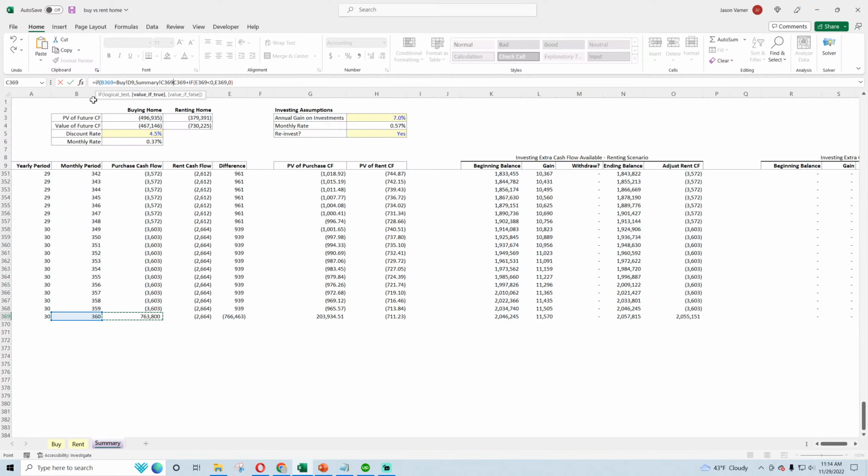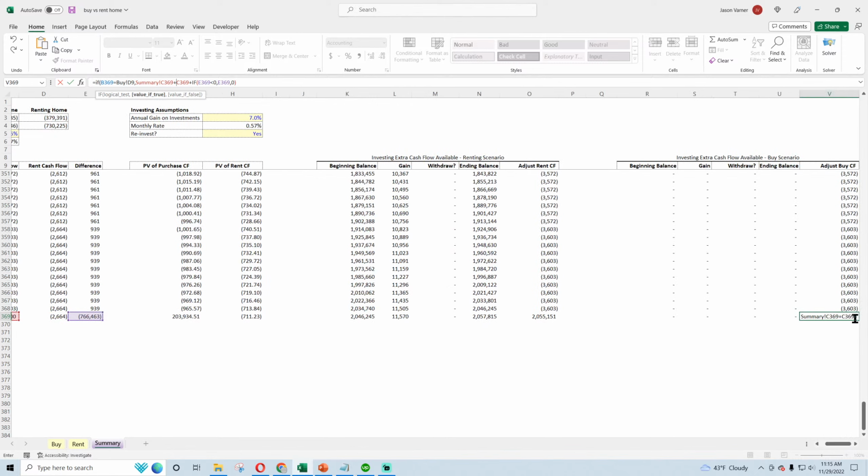I believe. I'll double check that, but I believe it does. So we just want this plus ending balance here if there is one. Otherwise, just do the other calc. And I believe that gets us to where we want.